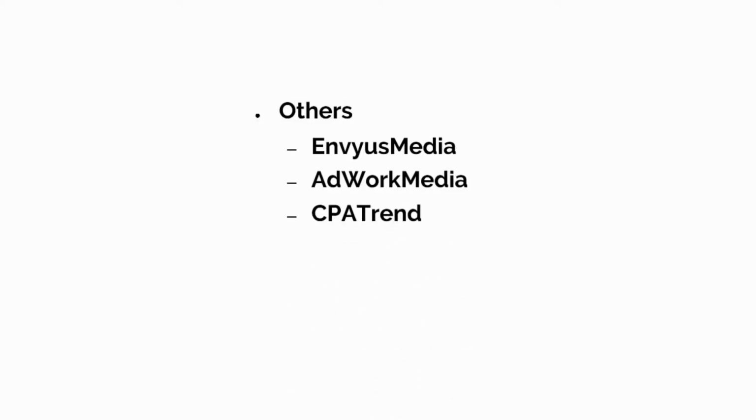There are plenty more CPA networks out there, which include the likes of Envious Media, AdWork Media, CPA Trend, Mundo Media and more. Just be wary. As we've seen, there are some low quality and shady networks out there, and if you use those, you might find your ads appearing on very low quality websites, which could damage your reputation.